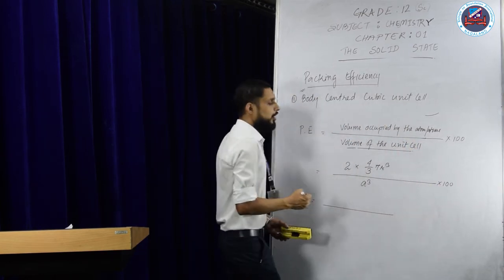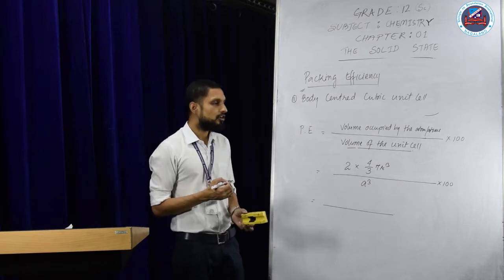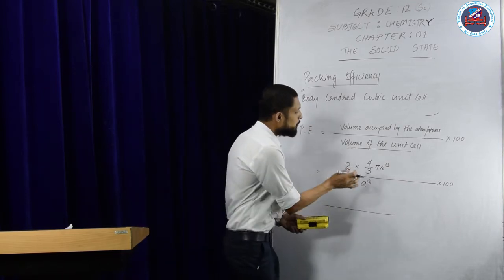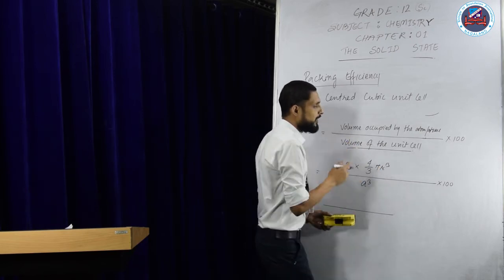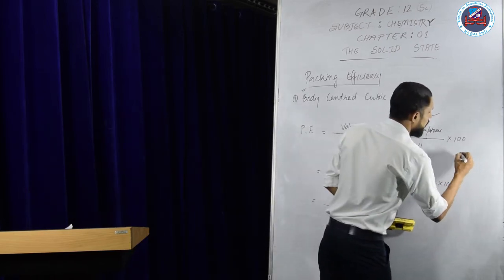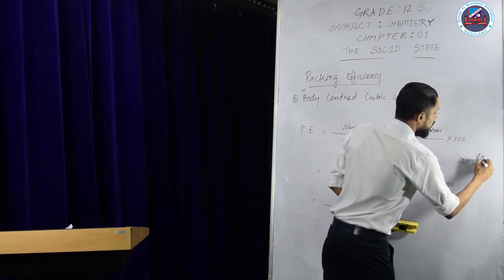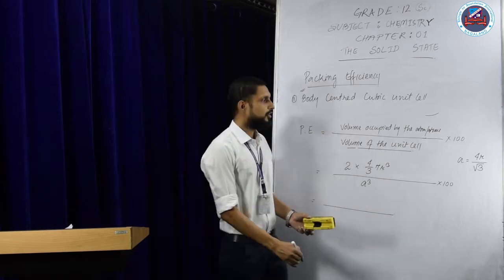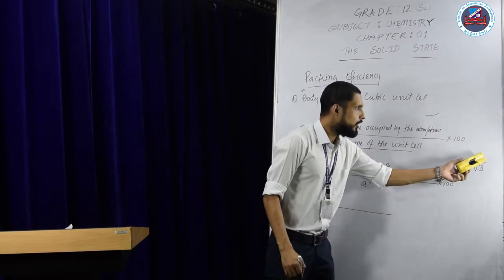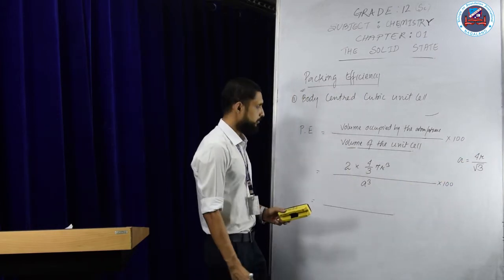Now, in case of body-centered cubic unit cell, the relation between edge length, that means side of a cube, and the radius of the atom is a equal to 4r by root 3. So this is a relation between edge length and the radius of an atom.